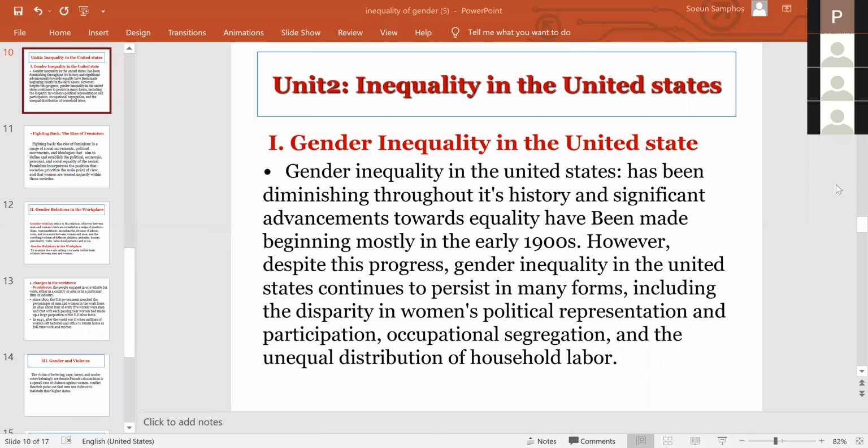Now I want to give an example about this point, gender inequality in the United States.